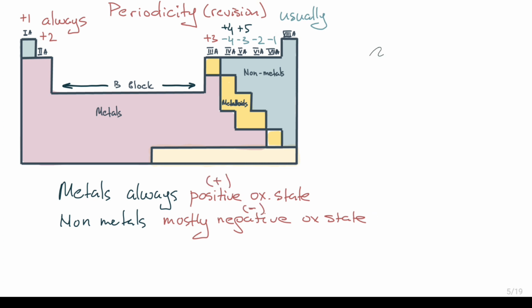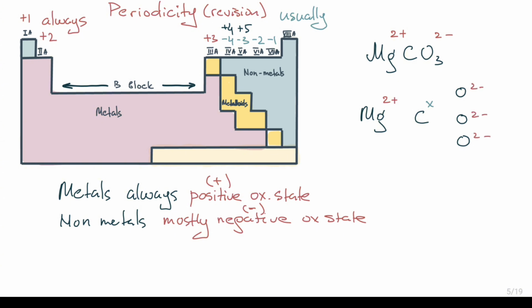Using the periodic table, you can find that the oxidation state of magnesium in magnesium carbonate will be 2 plus and oxygen 2 minus. But how can you find the oxidation state of carbon? In order to explain, I will draw all the atoms separately. Here the carbon is X and the overall oxidation state will be equal to 0.